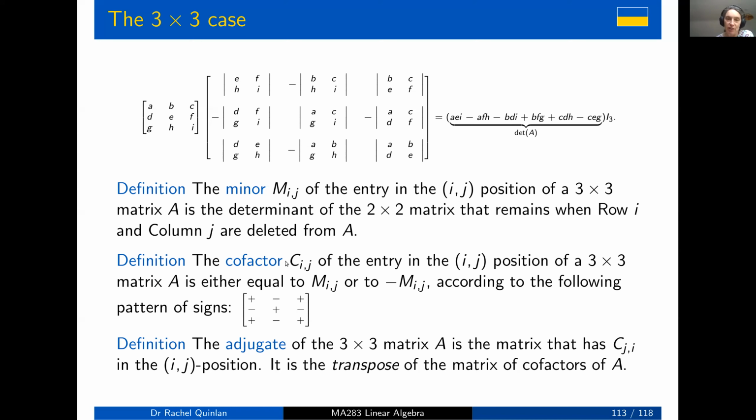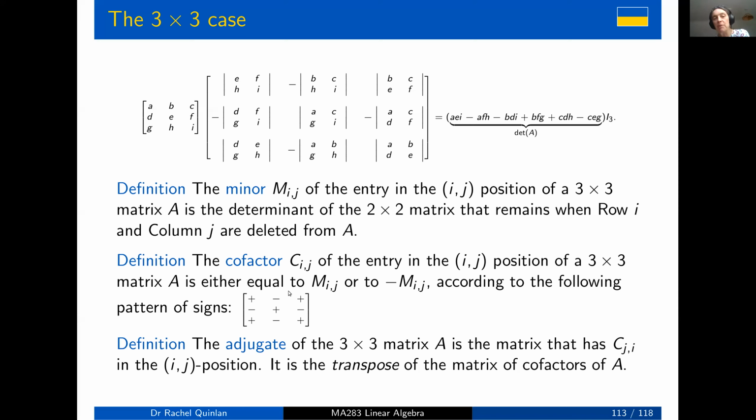Okay, here's another definition. Closely related, the cofactor, Cij, of the entry in the ij position of A is either equal to the minor or to the negative of the minor, depending on what position we're in. And which one it is is determined by this pattern of signs.